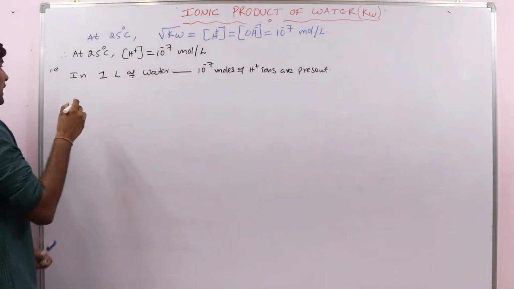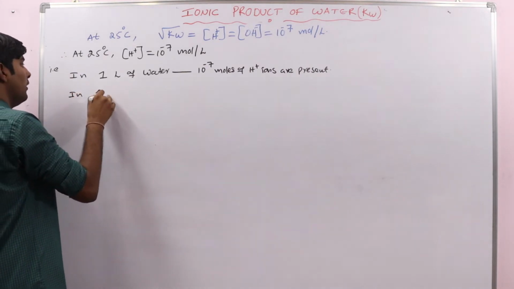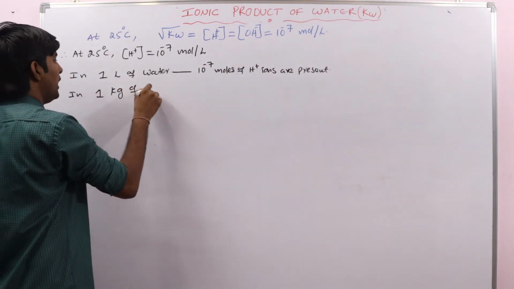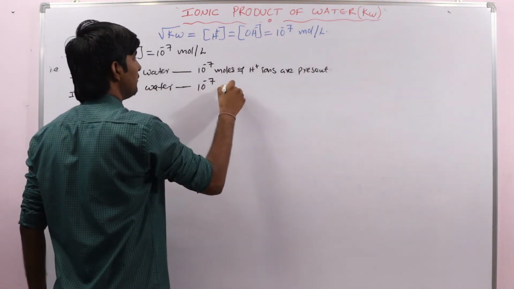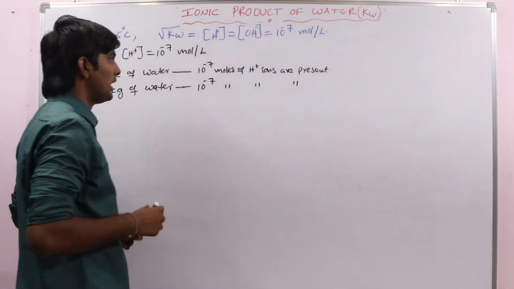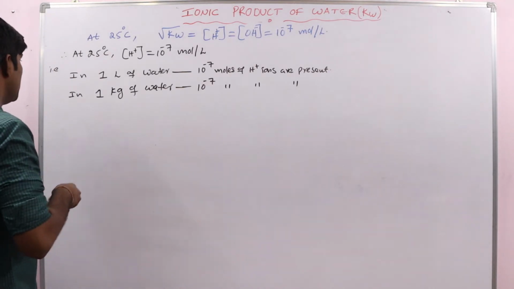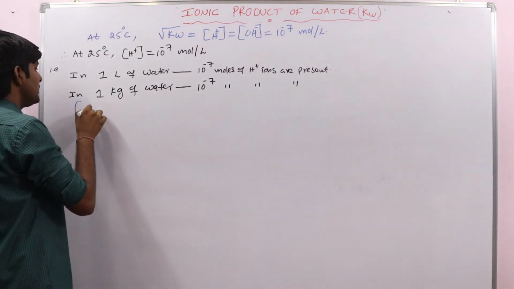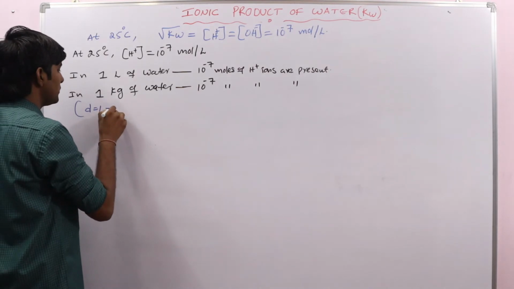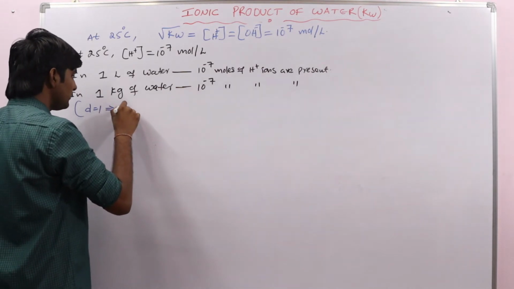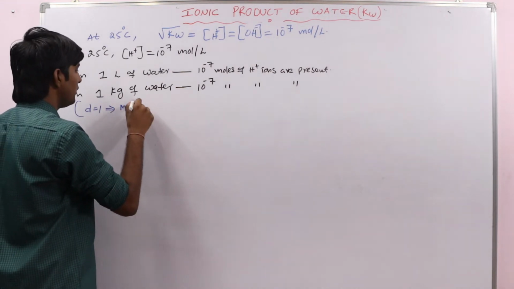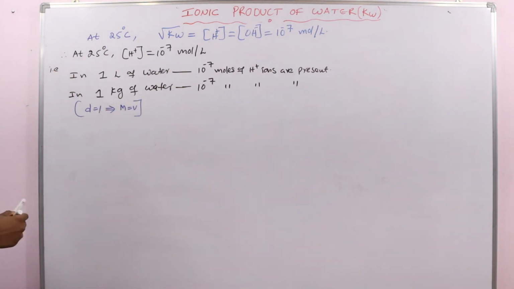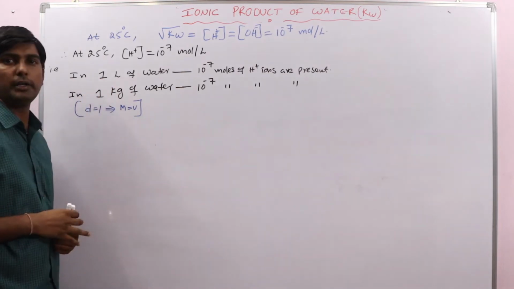Okay, and we can write in 1 kilogram of water also we have 10 power minus 7 moles of H plus ions present. Yes or no? Because for water density is equal to 1. So that implies density is 1 means we get mass equal to volume. Yes or no? So that's why 1 liter is equal to 1 kg.